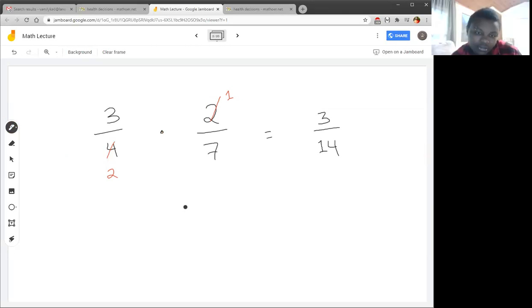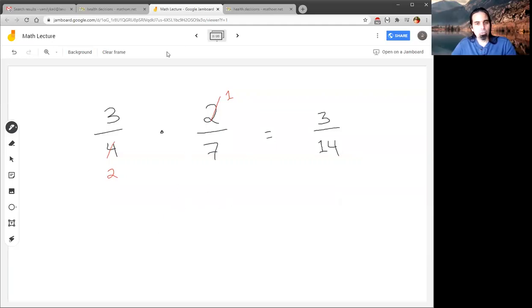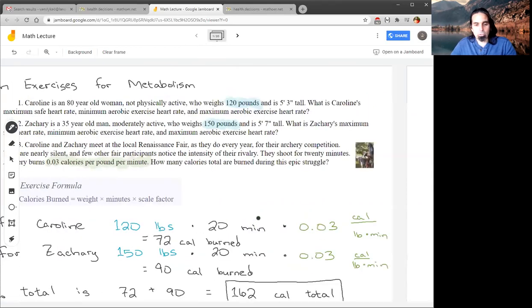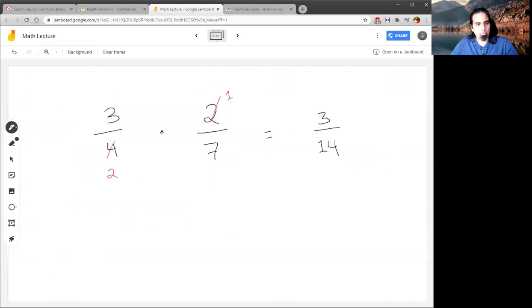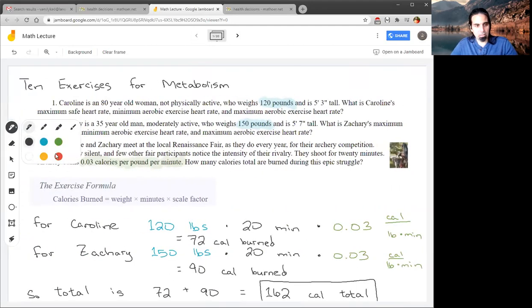Not really. Okay, I'm going to keep going anyway, because this is just an extra thing. We can do the same thing with words. So here we had pounds and minutes. Just like numbers, if we have the number 3, that's the same as writing 3/1. We can think of these words as pounds over 1 and minutes over 1.